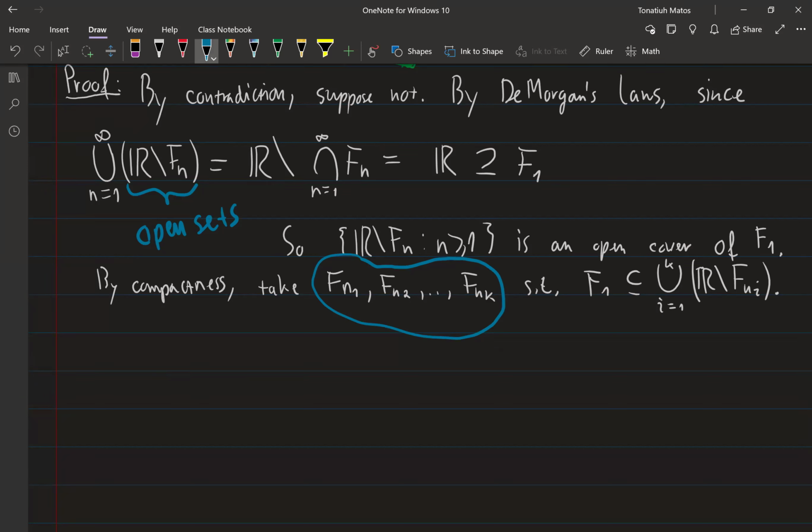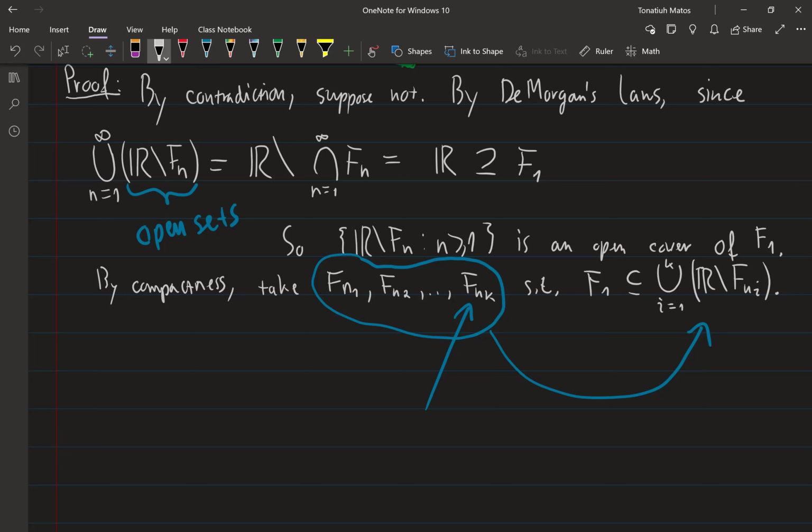I'm only taking a few of them. But what am I using these for? I'm using these to cover a set. Now, I only care about this cover being finite. I don't really have any control. I cannot restrict and say I only need 10 of them or 100 of them. It could be millions of them, right? So why do I bother writing it like this? I could just say, if the biggest index here is 1000, then just take the first 1000, right? If it's too many, it doesn't matter because I only care about this being finite.